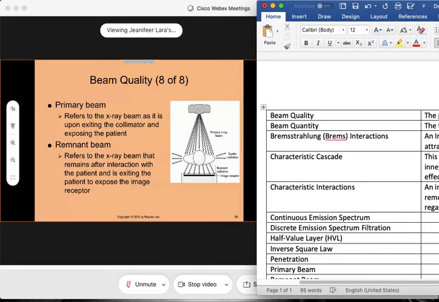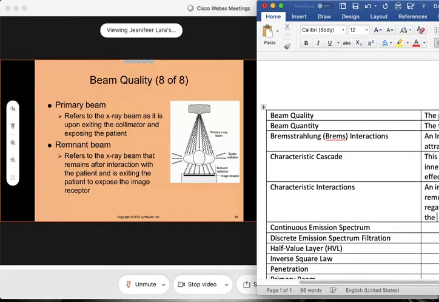Please take this note down. The X-rays leaving the source before they reach the patient are the primary beam. The X-rays leaving the patient, leaving the anatomy, are called the remnant radiation. It is remnant of what was once there. Make sense?